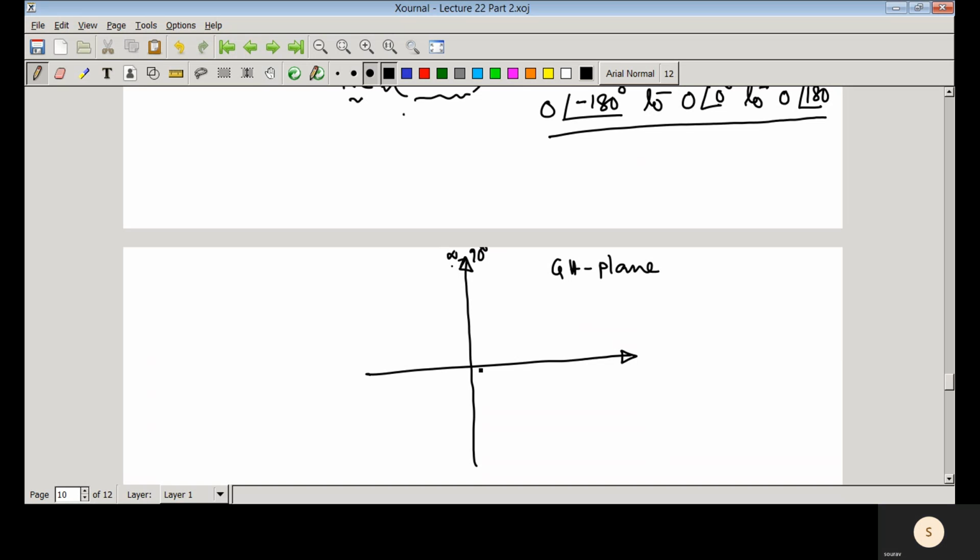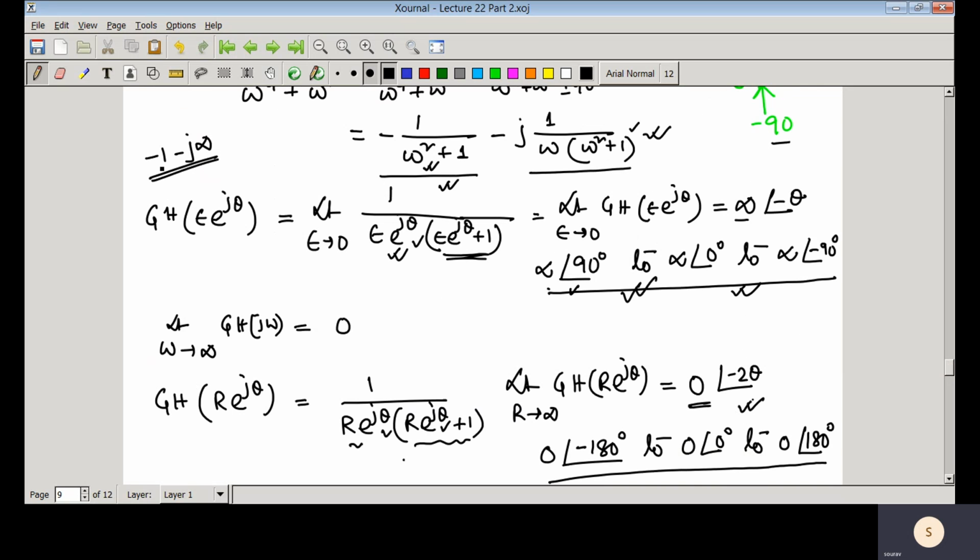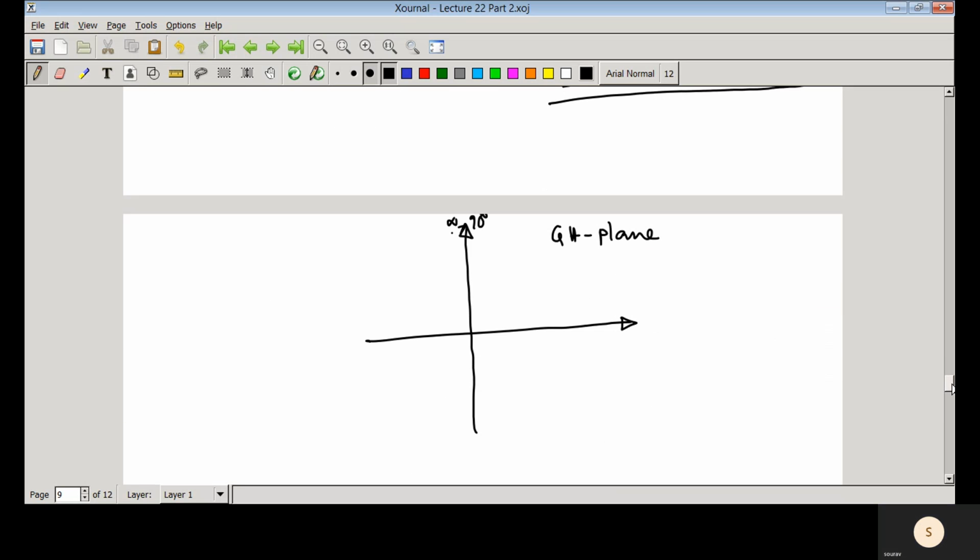But as omega tends to 0, this value is coming minus 1 minus j infinity. So here you can see that minus 1 point is here, and it is starting from this point, that is minus 1 minus j infinity.